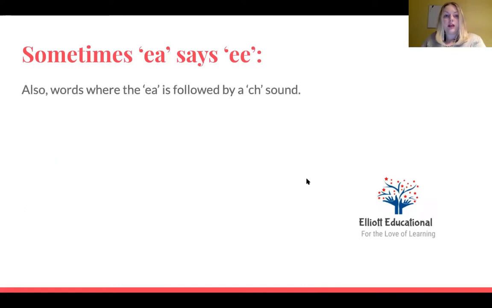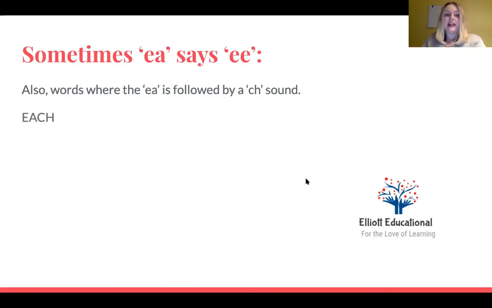Also, if the E and the A is followed by a ch sound. Now, as I show these, usually the ch sound in English is formed as I've written it there with the C and the H, but we will see two words where it's formed differently using a T followed by URE, but it is still, when it's actually said, closer to a ch sound, and therefore the E and the A still makes the long E sound.